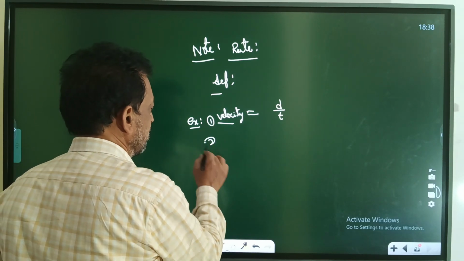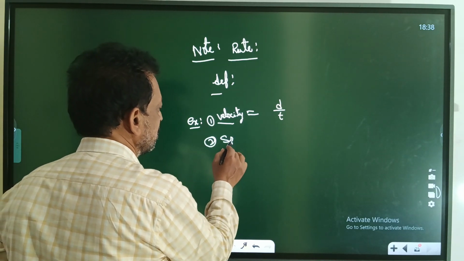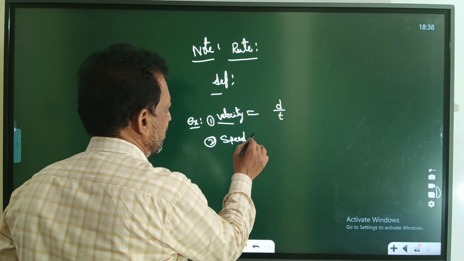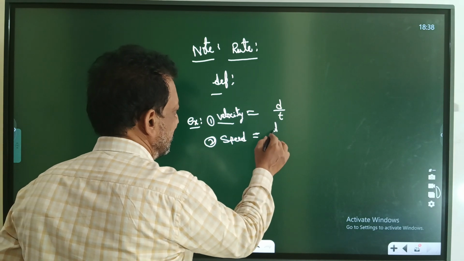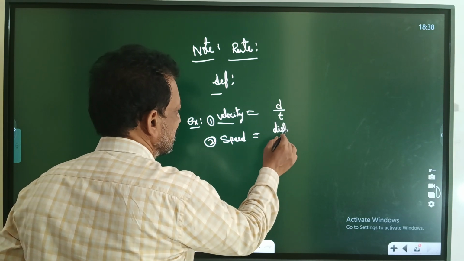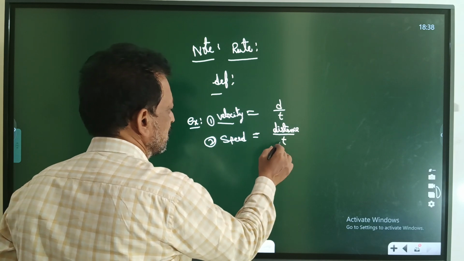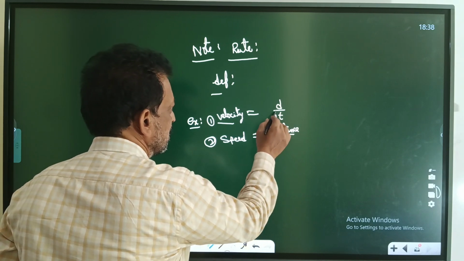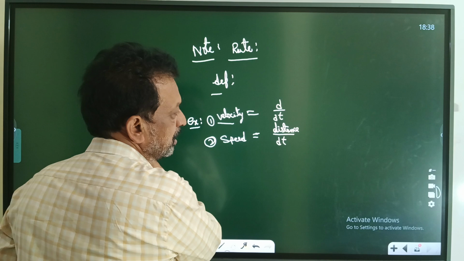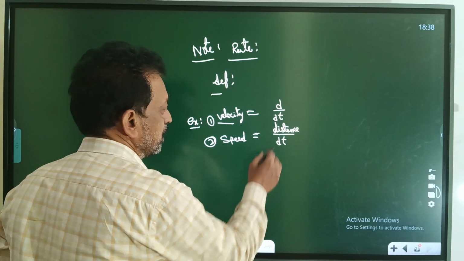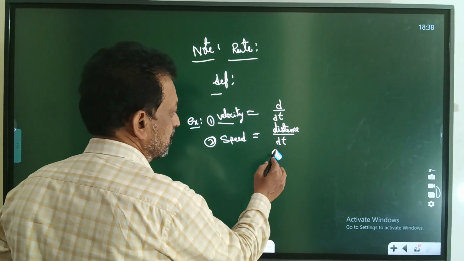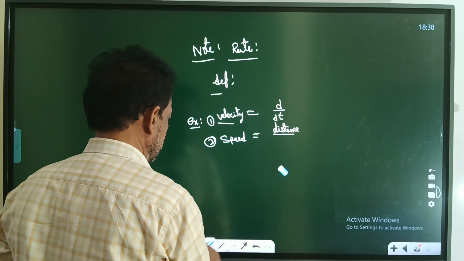Another example, speed. The rate of change of distance, distance by time, is called speed.